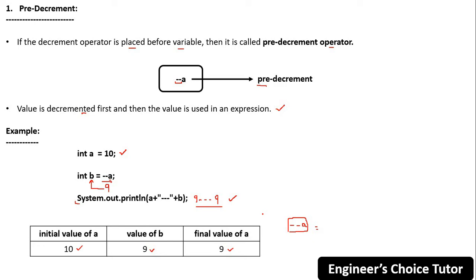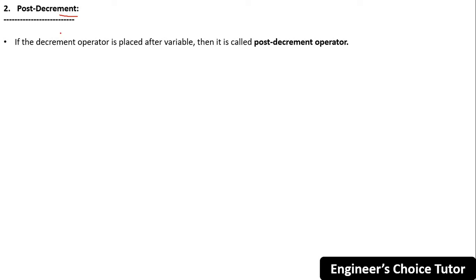The next case is post-decrement. What are we going to learn? Post-decrement. If the decrement operator is placed after the variable, then it is called the post-decrement operator. For example, a is a variable and this decrement operator is placed after the variable.